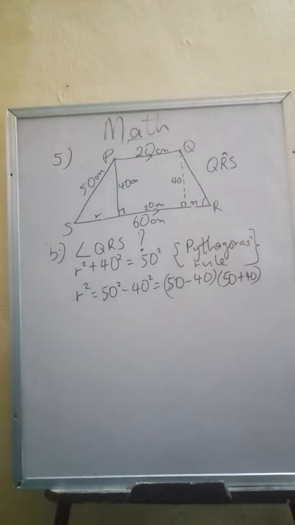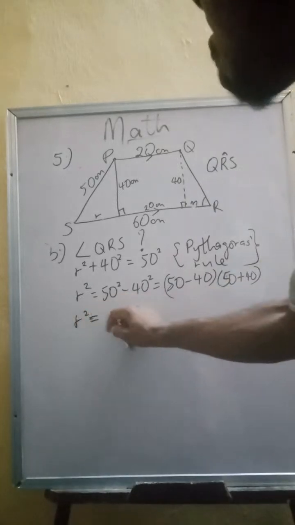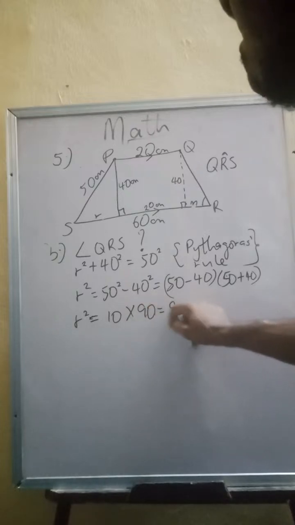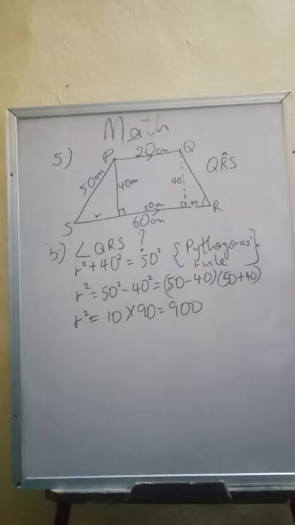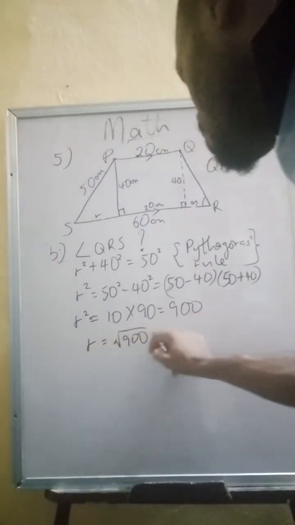Or simply use your calculator to get the work done as fast as possible. So r squared is 50 minus 40, which is 10, times 50 plus 40, which is 90. That gives you 900 if you multiply. So what's next? Take the square root of both sides. So r is the square root of 900, which is 30.